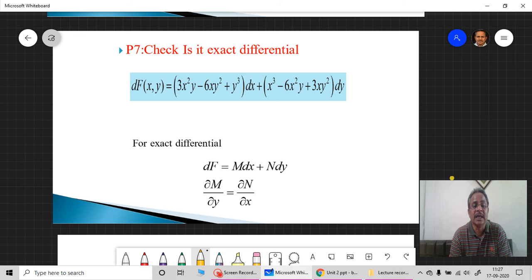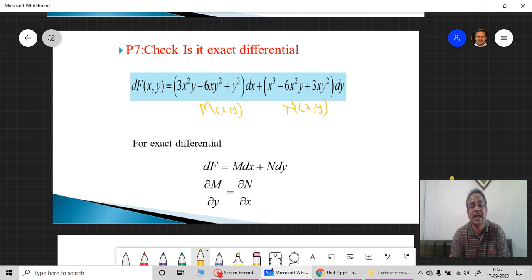For an exact differential we have to compare. This is m of x, y and this is n of x, y.